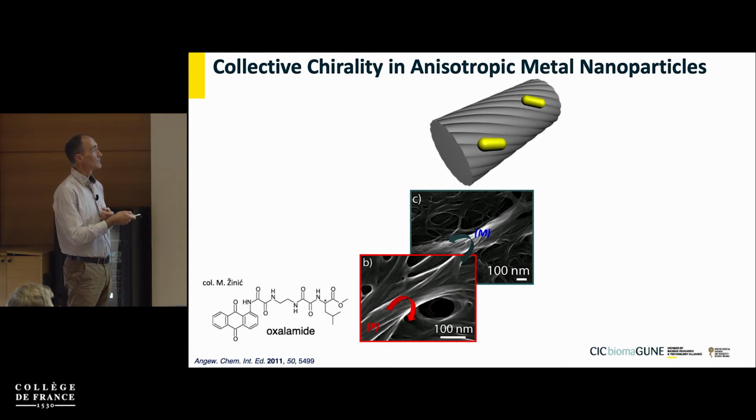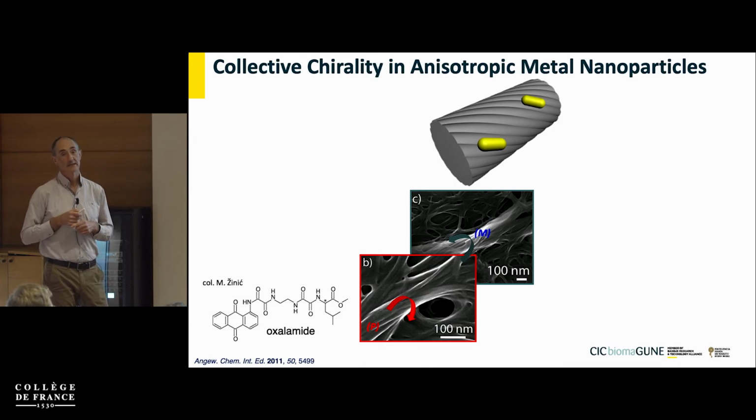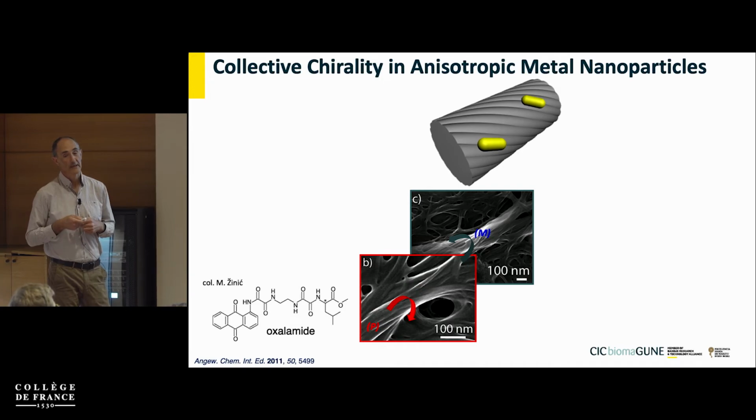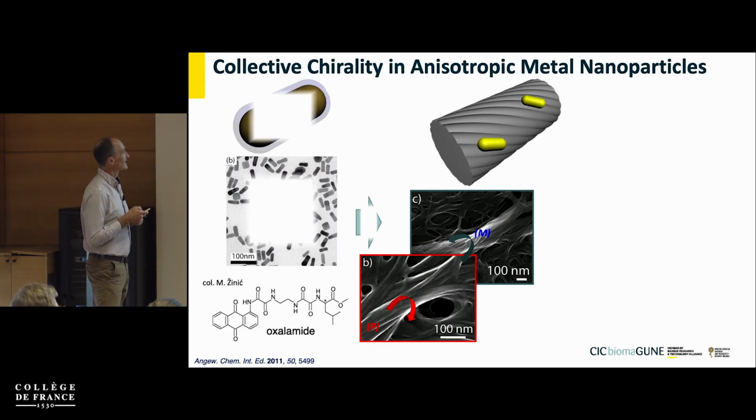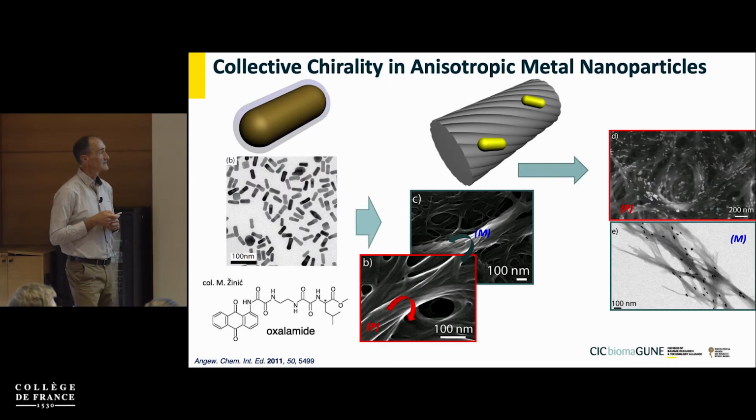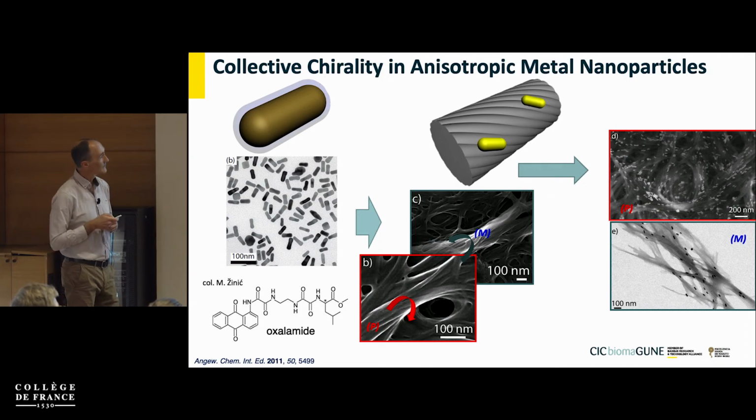And these we wanted to use as templates to organize gold nanoparticles into helices. So we started with nanorods, and we found structures like this, which did not look very helical to us.